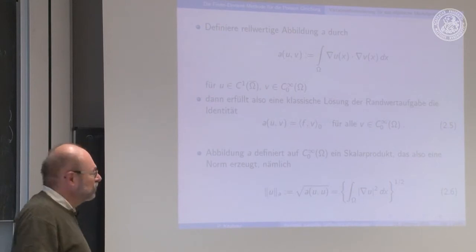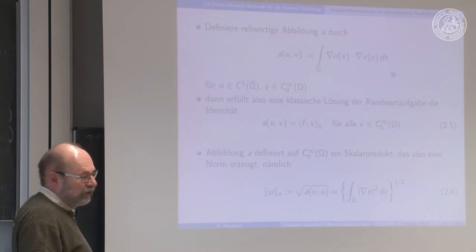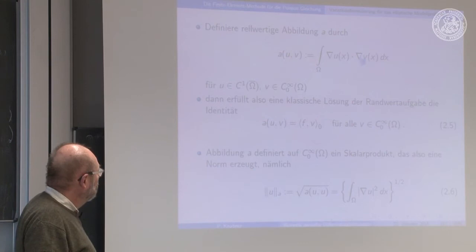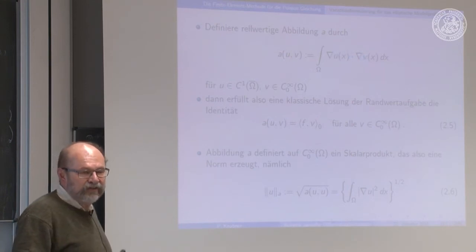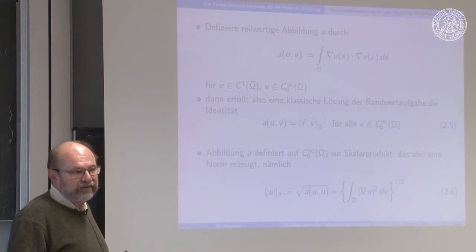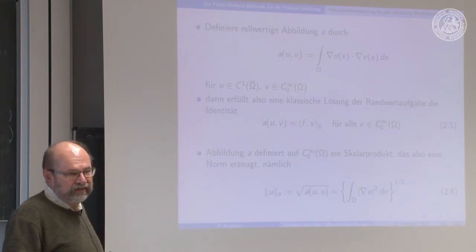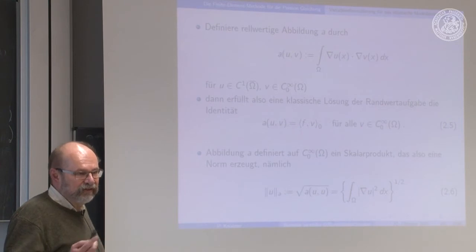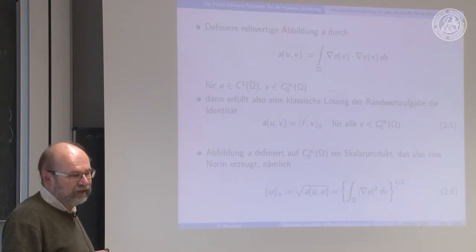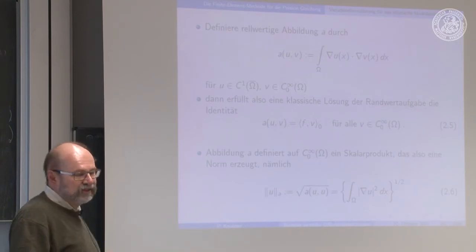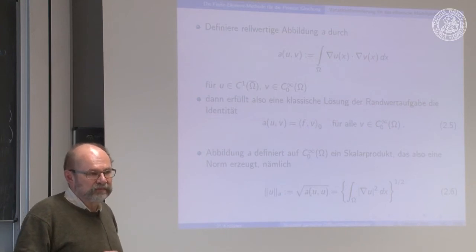So what does that mean? We take u equals v, so we get here the integral of the modulus of the gradient of u squared. And we have to conclude from the fact that the integral of this function is 0 that the function is 0, in the sense of L2 functions as I have described it. So the first argument is to see that the gradient of u is 0.